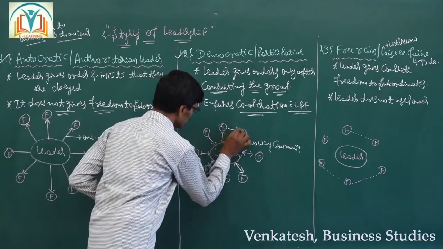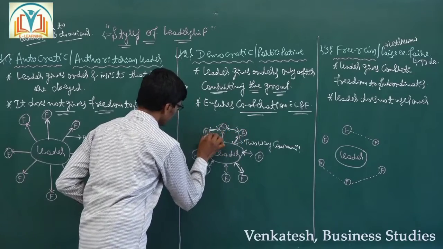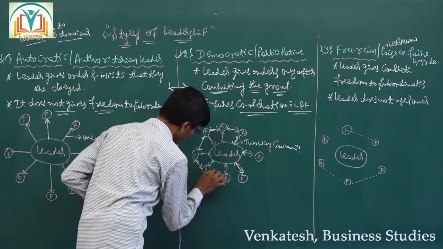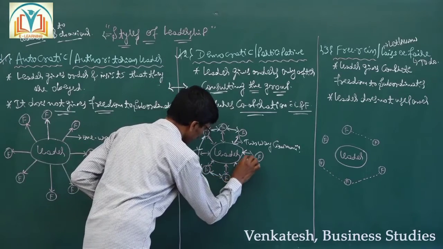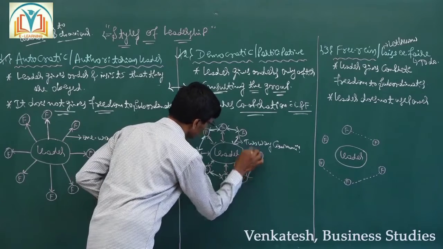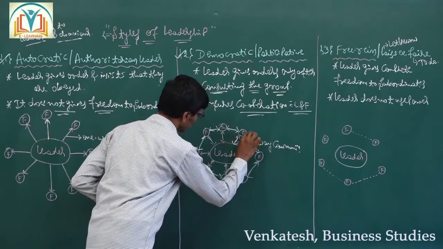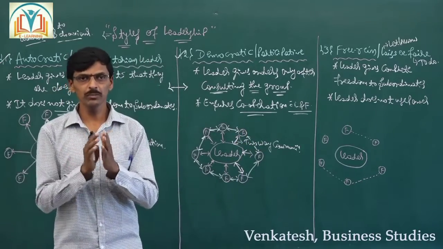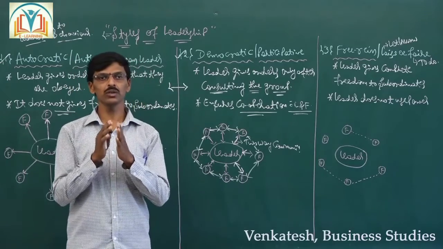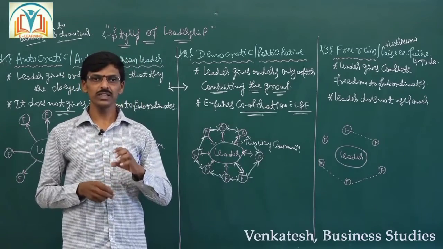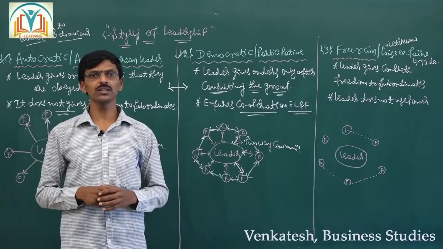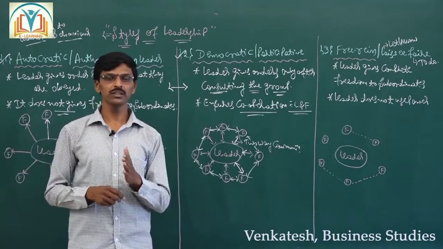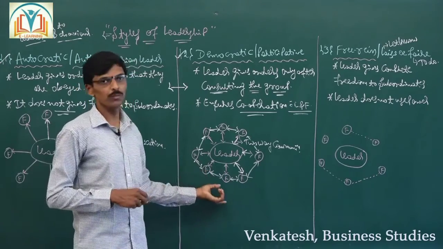The leader allows all the followers to discuss with the group members, and they also discuss with all the group members. Based on that, they perform the duties by taking a proper decision and following a specific route or path in accomplishing the targeted objectives.